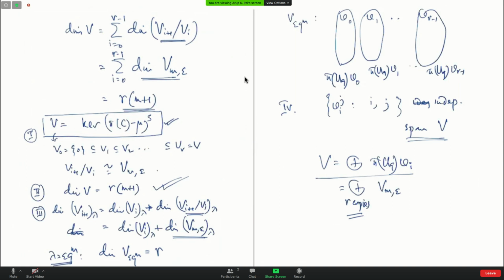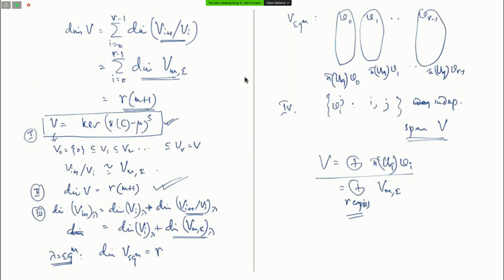For SL2C, we have shown that it is a direct sum of irreducibles. But what I'm saying is, to prove that statement, what happens if you try to employ this method, by this similar method, using the Casimir element? There the Casimir element is, I forget the expression, but just check.